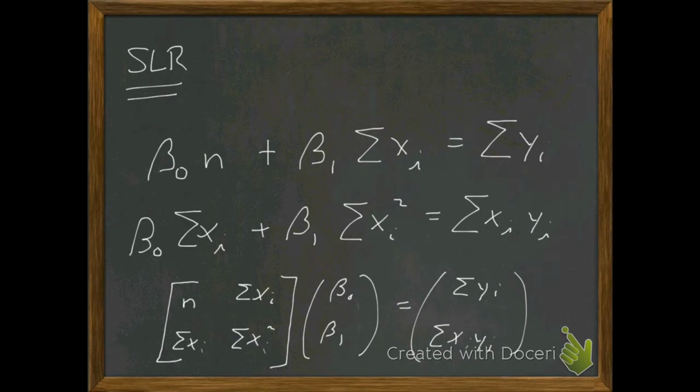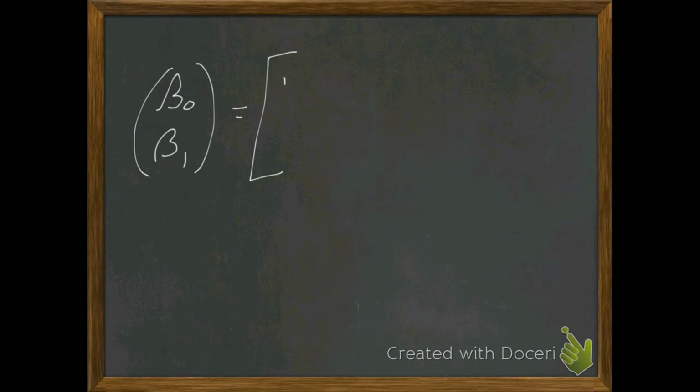All right, and ultimately what we could do here is solve for the estimates by taking... I'm going through this really fast because I expect you to already know this.